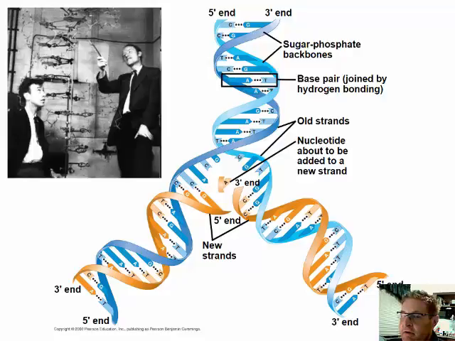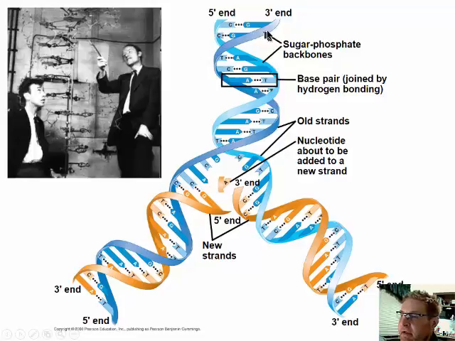Up here is a picture of Watson and Crick with the model they first built to describe how DNA was formed. Watson and Crick won the Nobel Prize for finding the structure of DNA.